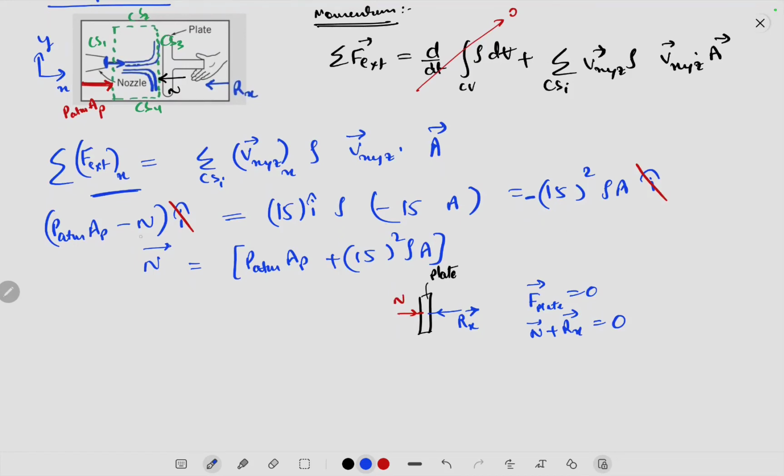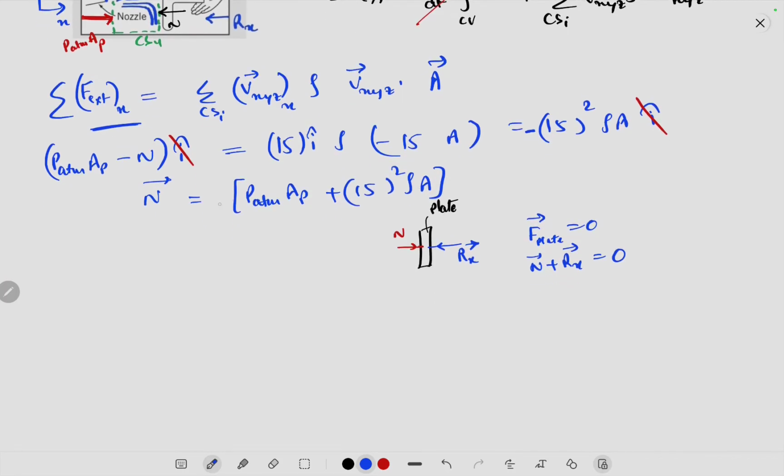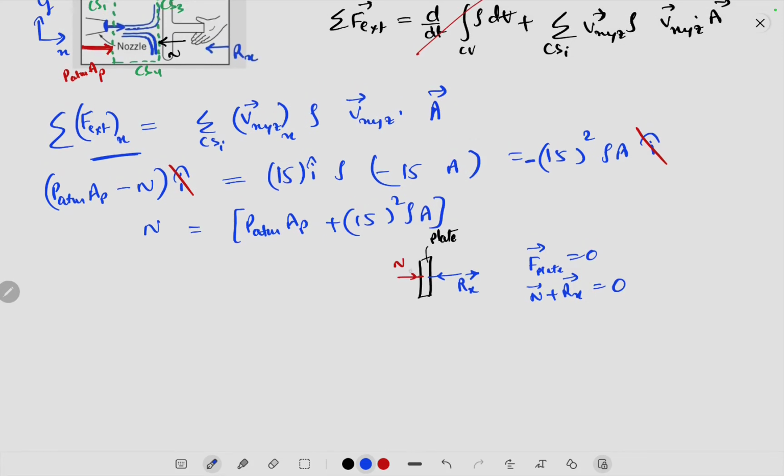That's why this negative sign was there. So this is directed along minus I hat, and that's why the reaction from the fluid on the plate will be along the positive I hat direction.